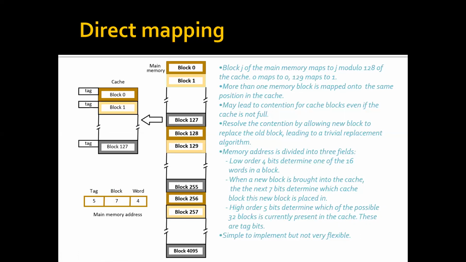That means if the processor is searching for block 128, it will definitely search in block 0. If it is searching for block 257, definitely it will search in block 1, because it will use the same formula, J modulo number of blocks in the cache memory, to get the location in the cache memory itself.